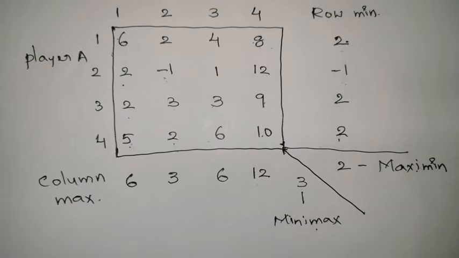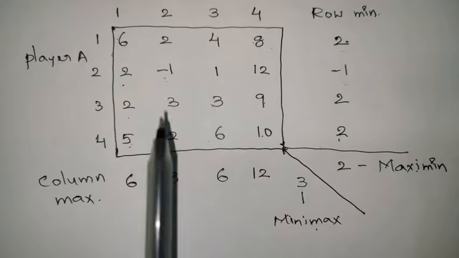So now we need to solve this game. If the game does not have a saddle point, then we can solve it by the algebraic method. The algebraic method is applicable only when the payoff matrix is of order 2 by 2.